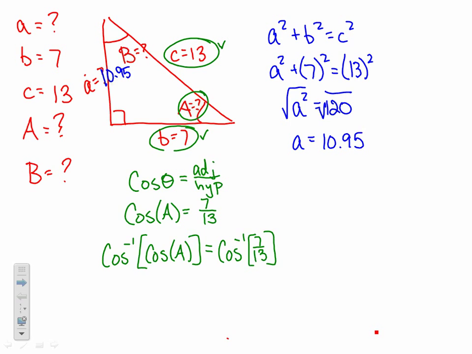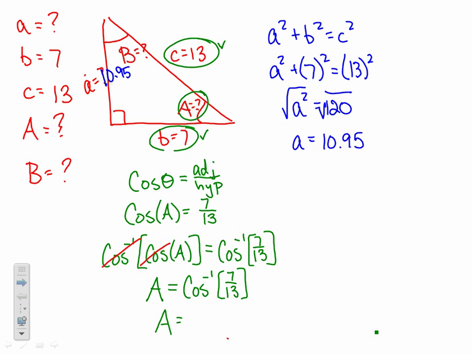All right. So what do cosine and inverse cosine do? They basically cancel each other out. They just get rid of each other. So whatever cosine does, inverse cosine undoes it, and that means we get angle A out of that cosine that it was trapped in. All right, and we're left with the inverse cosine of 7 over 13 on the right side, and that should be our answer.